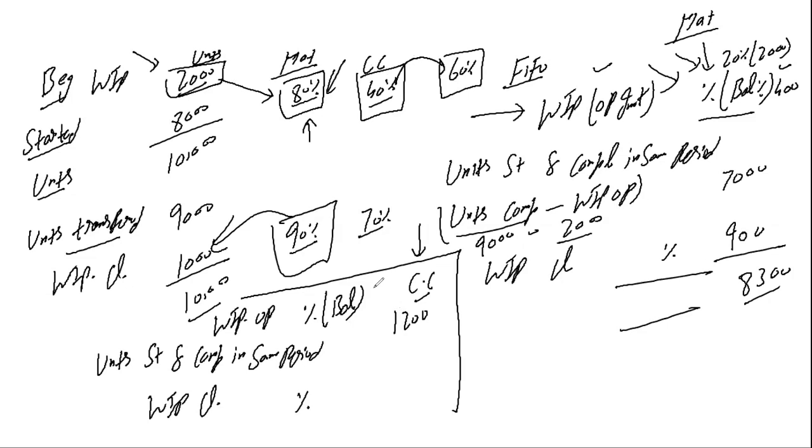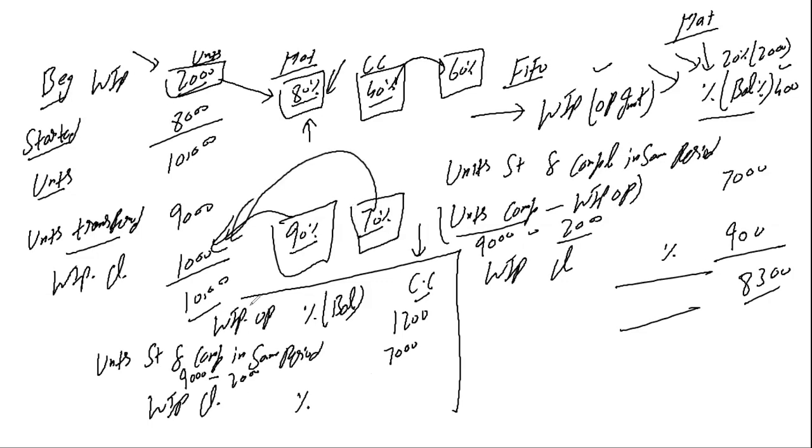Correct? Students, units started and completed in the same period. You calculate in the same manner, 9,000 minus 2,000. Like we calculated so many times earlier, 7,000. And now you will apply the percentage for the closing work in process. So the percentage of completion for the conversion cost is 70%.